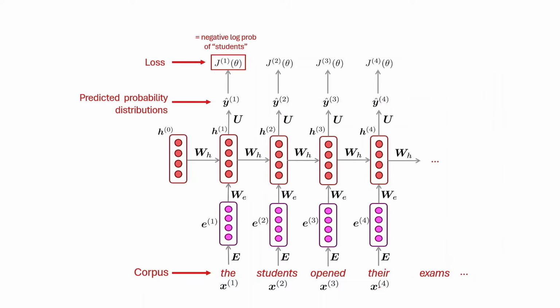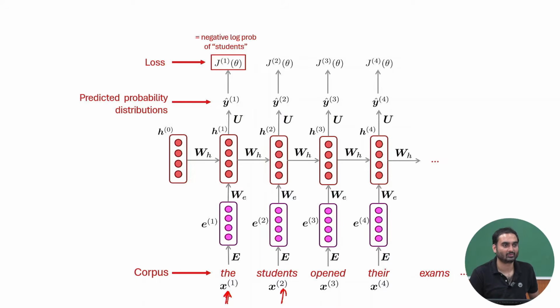In fact, assume that the objective is to predict the next word at every timestamp, right? When you are here, your objective would be to predict the next word, which is students. When you are here, your objective would be to predict the next word, which is opened. When you are here, your objective would be to predict the next word, which is there, and so on and so forth.